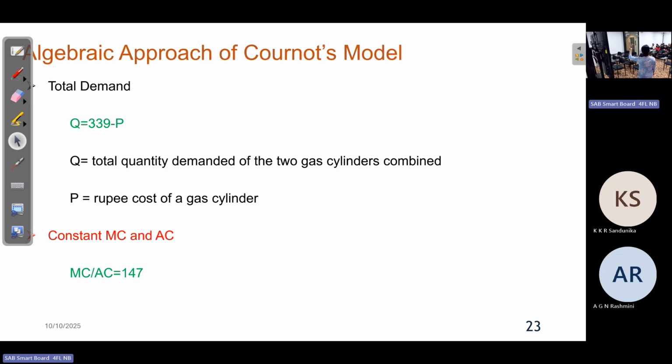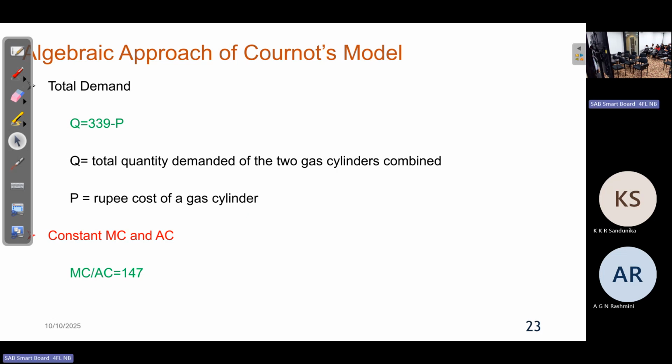The only thing you have to remember is when you are calculating total revenue, the demand is given as Q equals 339 minus P. This Q means here we have Q1 and also Q2.